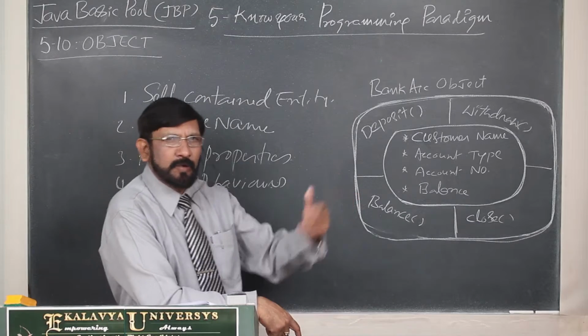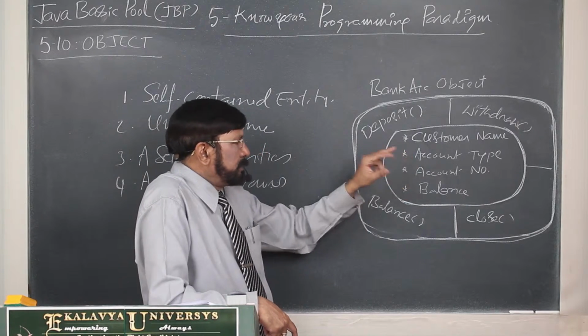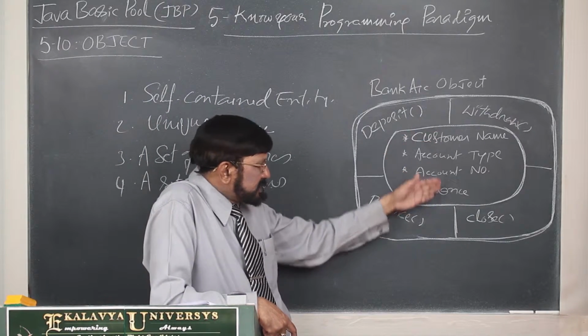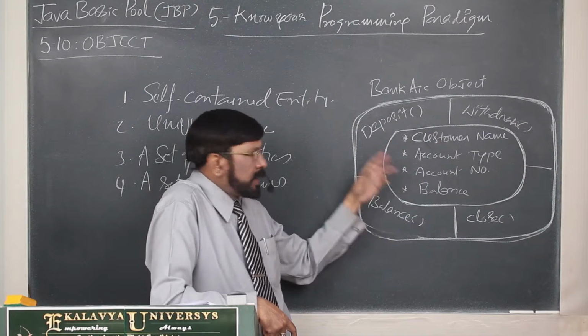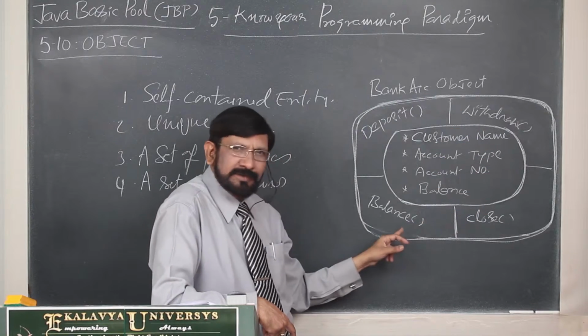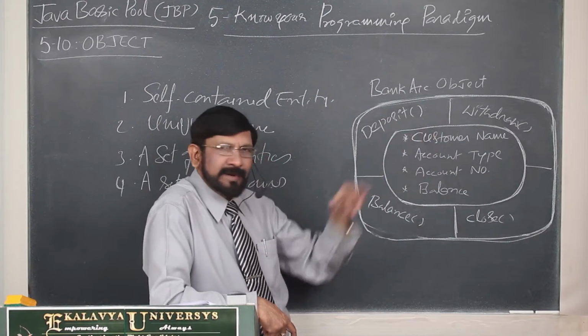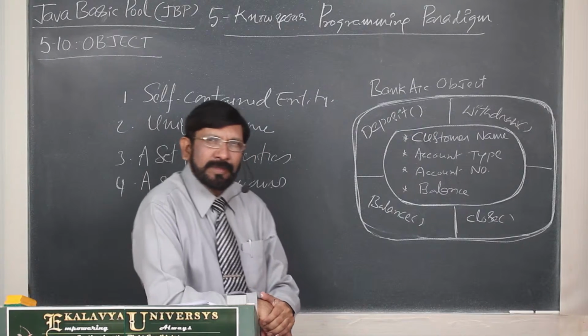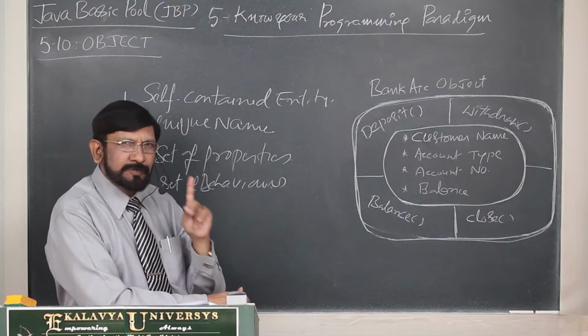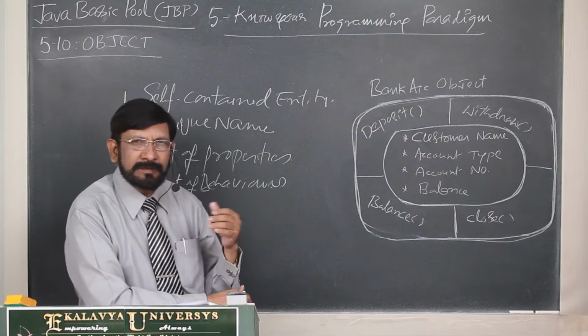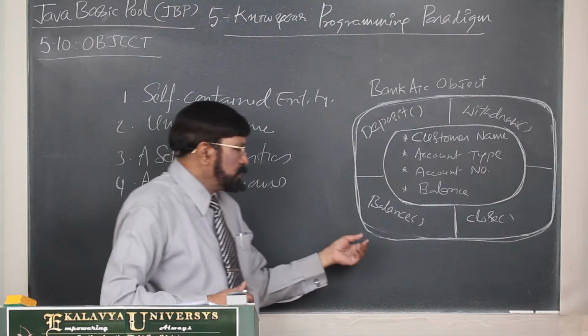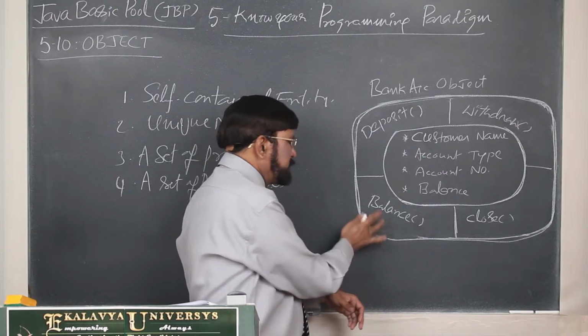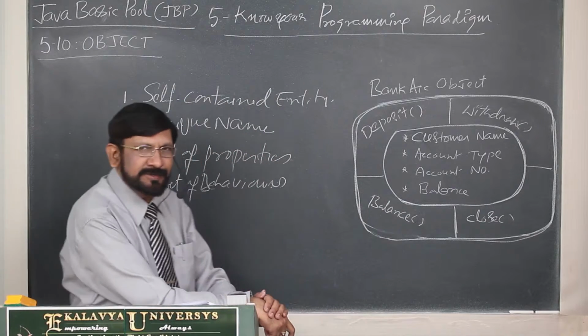Or otherwise, in the programming language, every object contains a set of data members and a set of functions which act upon the data members. So, don't confuse with the terms, because depending on the context we use multiple terms, but all these are synonymous, that you have to understand.